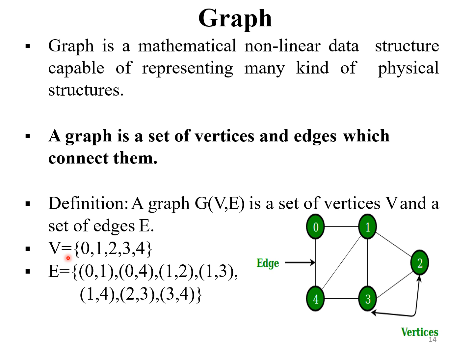V is equal to the names of vertices, that is 0, 1, 2, 3 and 4. And next E, means edges, is equal to 0 to 1, 0 to 4, 1 to 2, 1 to 3, 1 to 4, 2 to 3 and 3 to 4.